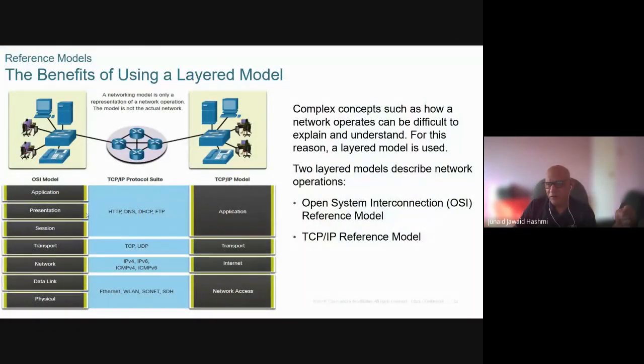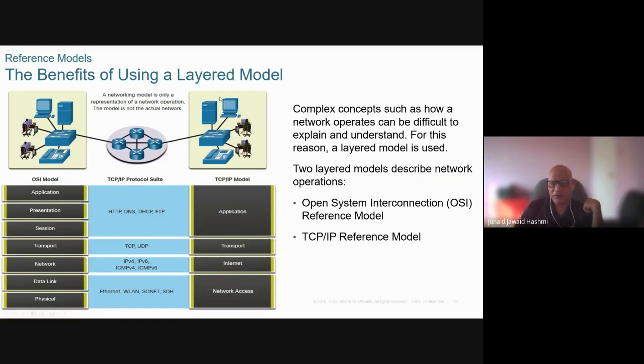All right, have you guys ever heard of the OSI model before? So what is an OSI model? Since network communication is so complex, many devices are used to make this happen.